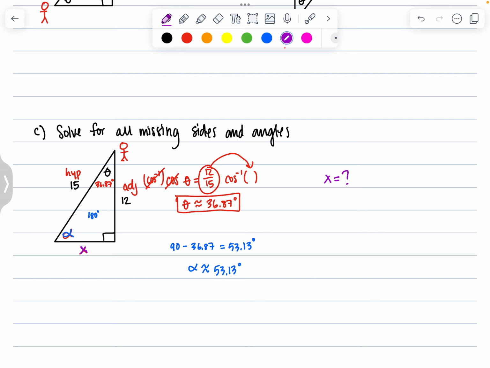We don't know what it is, but we do know that we have 12 squared plus x squared is equal to the hypotenuse squared, 15 squared. 144 plus x squared is equal to 225. Subtract 144 from both sides. And you get x squared is equal to 81. Square root both sides. X is then equal to 9. So x is equal to 9 here.